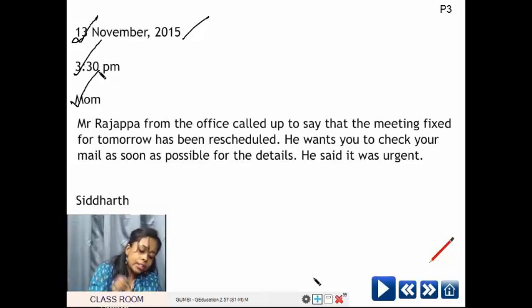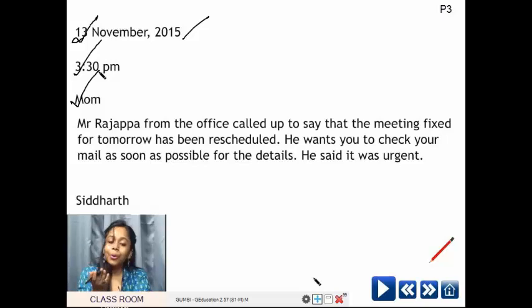And now it's written mom here. What do you think? Why is mom written here? Because the message is addressed to mom. That's why mom is written here. Whomever you address the message to, that will come after the time. The name of that person will be written there.